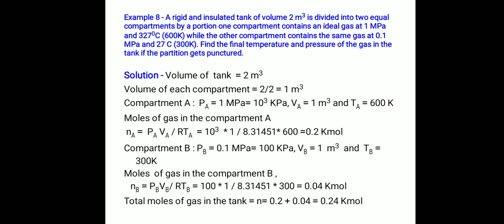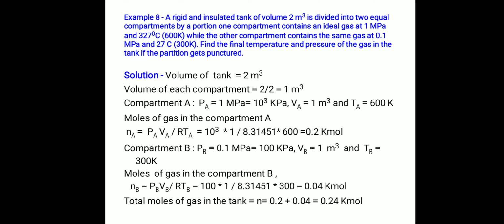It means initially the tank is divided into two compartments, and finally the partition is removed or punctured. At the final state, the gas of these two compartments is mixed.